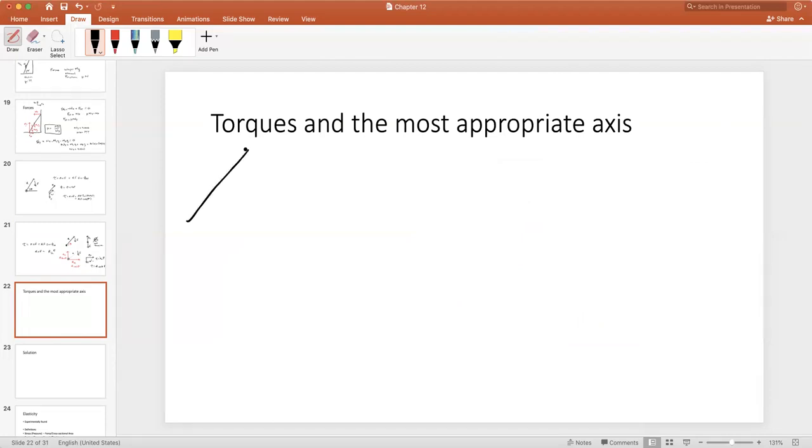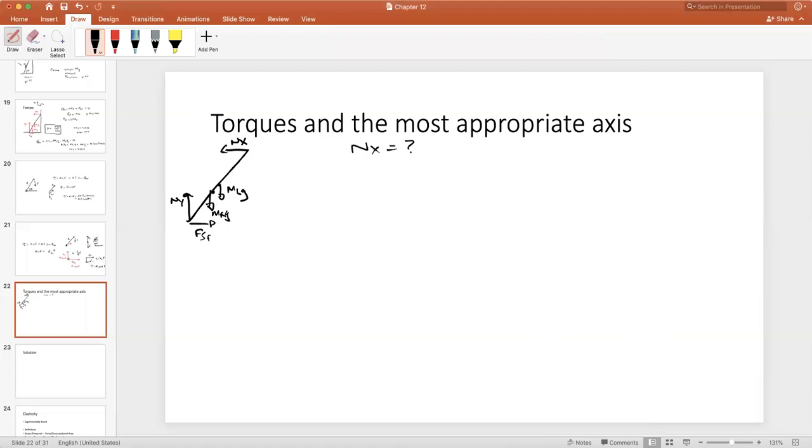And remember, we have this ladder, we have normal y, we have normal x, we have a normal y, we have a force of static friction, we have an MFg, and we have an MLg. Okay, so where do we want to put our axis of rotation? We can't put it here because we're trying to find Nx. And if we put it there, Nx wouldn't appear in our equation and it wouldn't tell us anything.